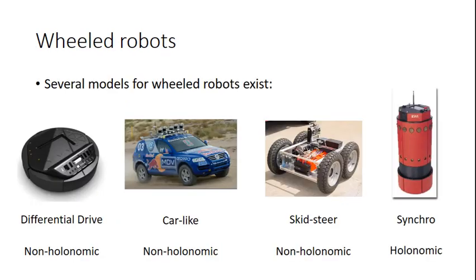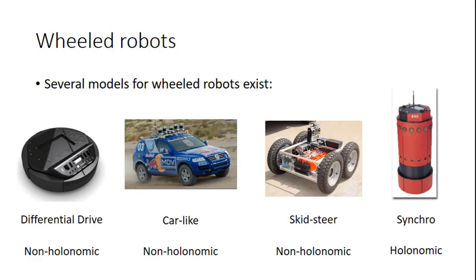Most wheeled robots are non-holonomic. I listed these here just to loop us back to the beginning. Differential drive are non-holonomic, car-like robots are non-holonomic, skid steer are non-holonomic. Usually with skid steer, it's similar to differential drive, where you have a left and a right side, but instead of one wheel, it's two wheels.